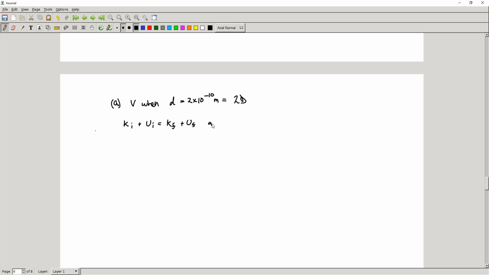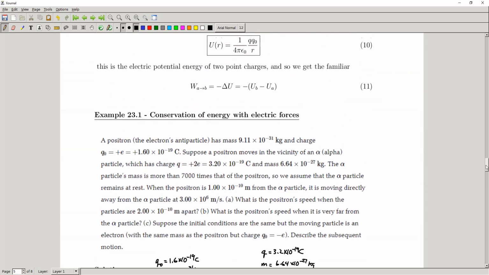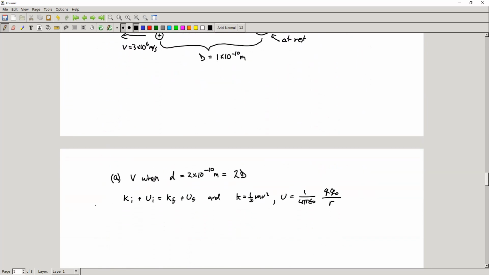Here, our kinetic energy is still the familiar half mv squared, but the potential energy is electric potential energy, which is given by 1 over 4 pi epsilon naught q naught over r. Sorry, definitely not r squared. I hope I didn't make that typo here. No, I didn't. Good.